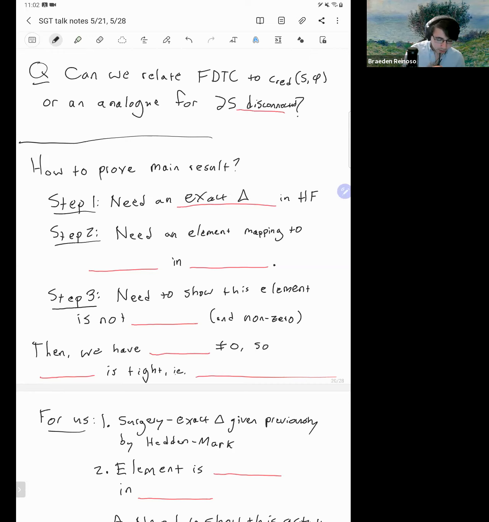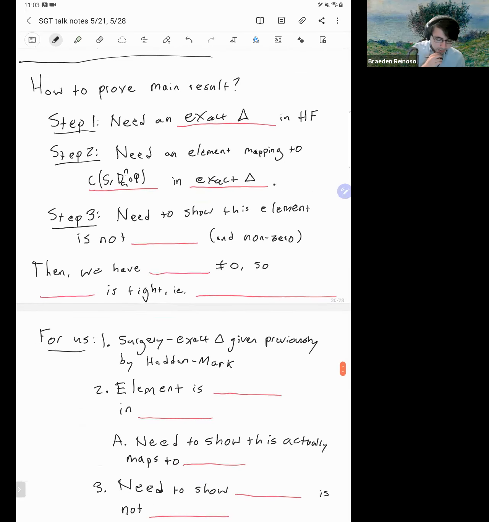And the second step is that you need an element mapping to the contact invariant of your open book where you add some Dehn twists to it along, say, your first boundary component. So you need some element mapping to that in the exact triangle. And then step 3 is just that you need to show that this element is not in the image of anything from the previous thing mapping into it.